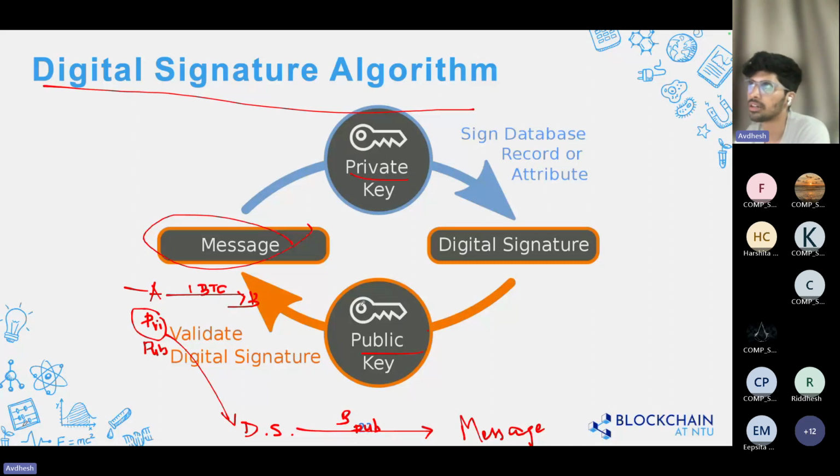I think KJ Somaiya has free access to Coursera, so maybe you can check that course out. He talks more about what a digital signature is and how the mechanism works. So this is just a layman's explanation of what the digital signature algorithm is.